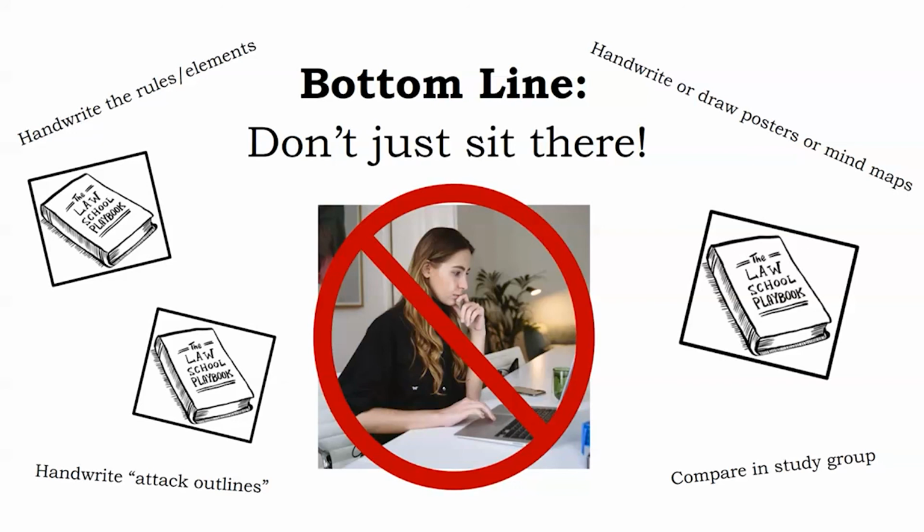So, handwrite your outline over again, or draw posters or create mind maps from your outline. Handwrite the rules or elements. You can make an attack outline. You can compare your outline in study groups. There are countless ways to use your outline, but the important thing is that you do it in an active way that is working for you.